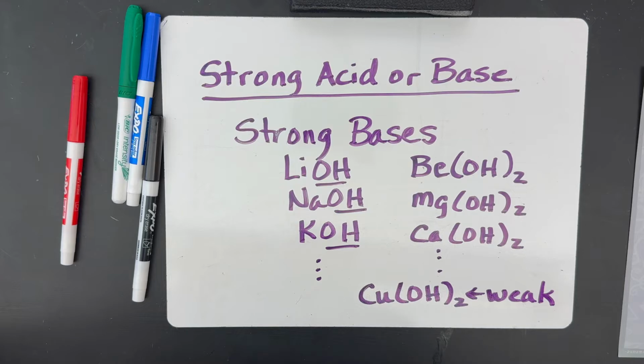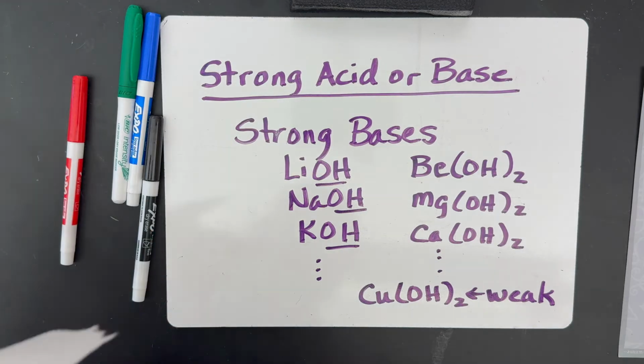Only a little bit of it comes apart and the rest of it stays together. So that would be a weak base. So the only strong bases are the ones that have a metal from column 1 or column 2 on the periodic table in front, and then either 1 or 2 OHs at the back. Those are the only strong ones. All others are weak. Now let's look at acids.